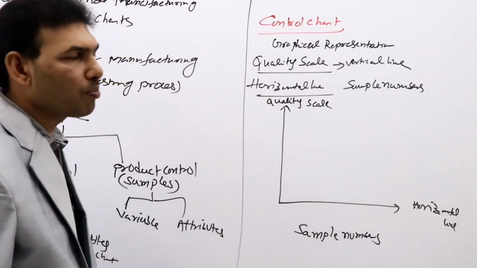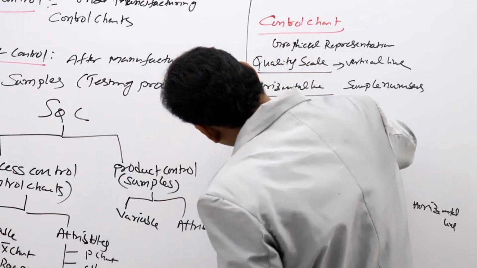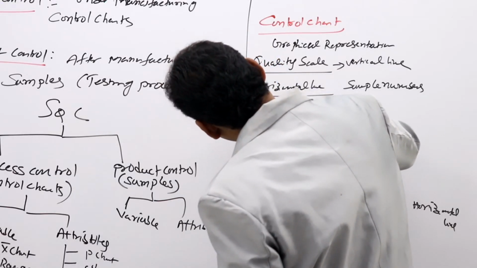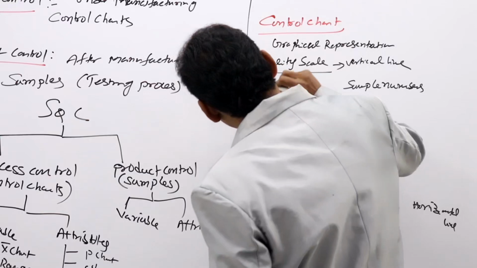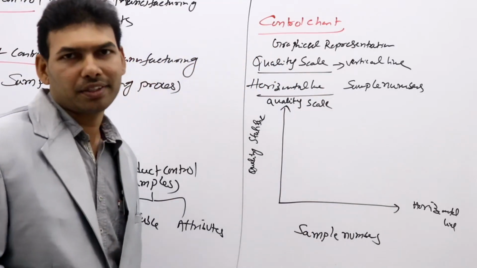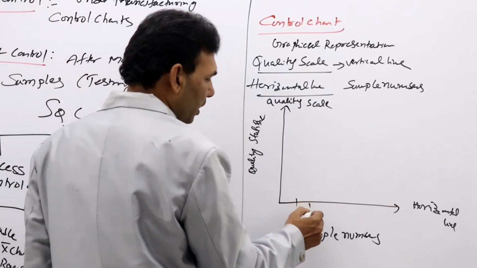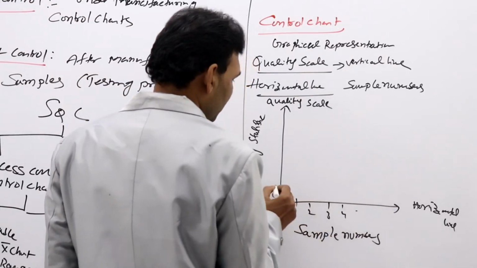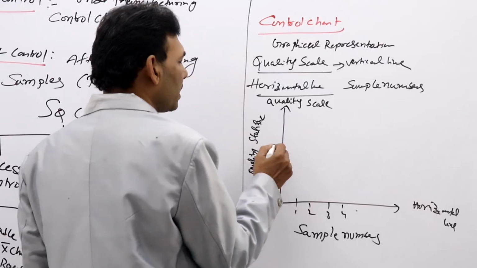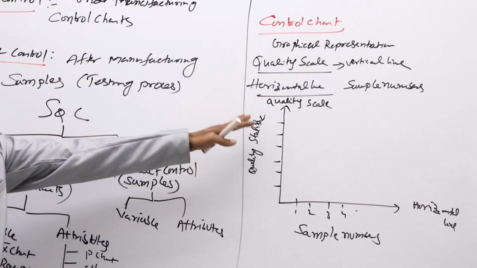The horizontal line represents sample numbers. This is the quality statistic. The quality is mentioned as a quantity that you are going to give here, like these numbers, you may give 1, 2, 3, 4. Here also quality is measured, and based on that we are going to plot.